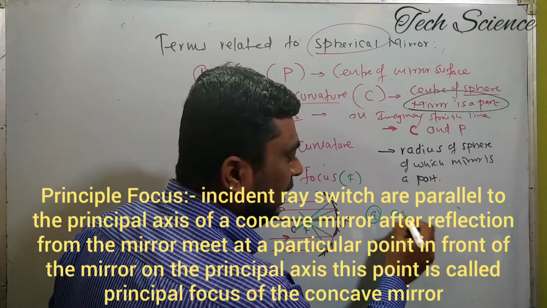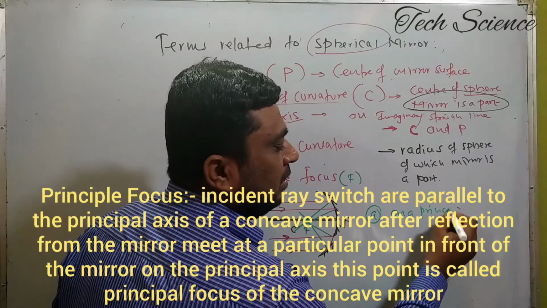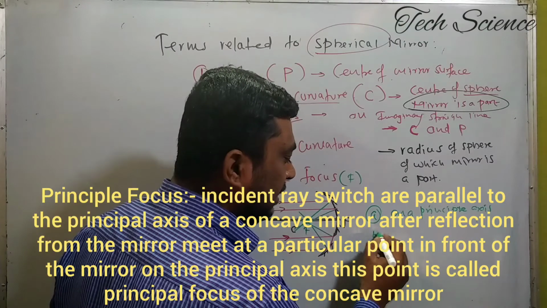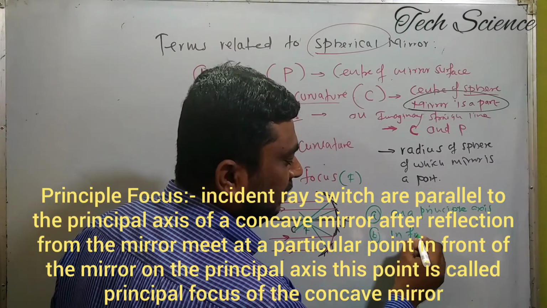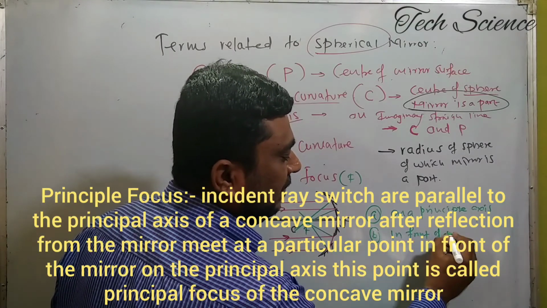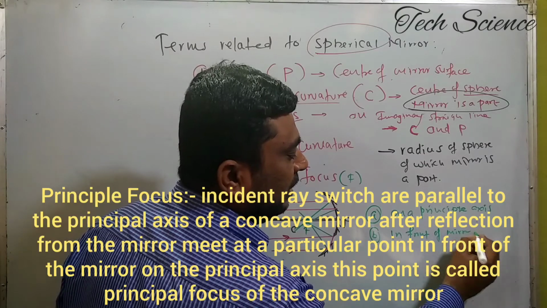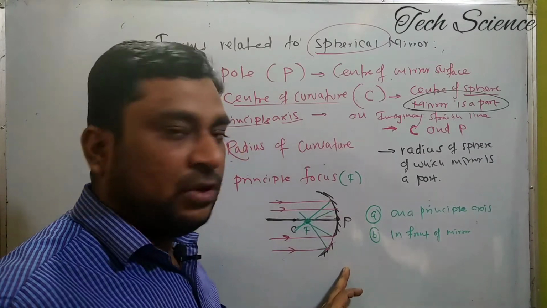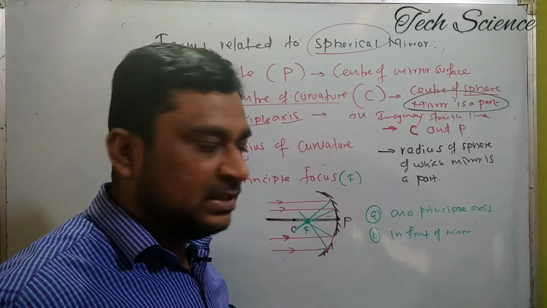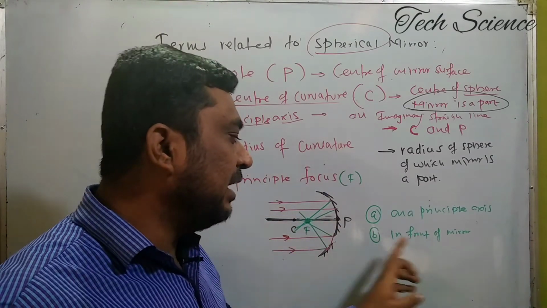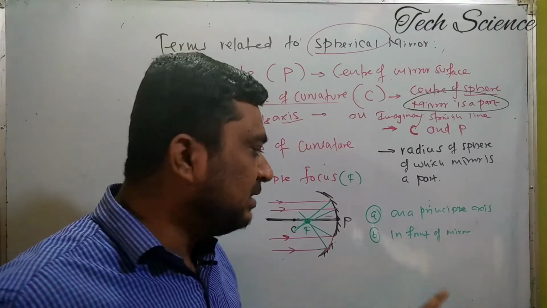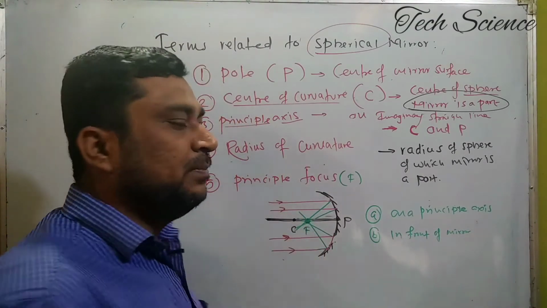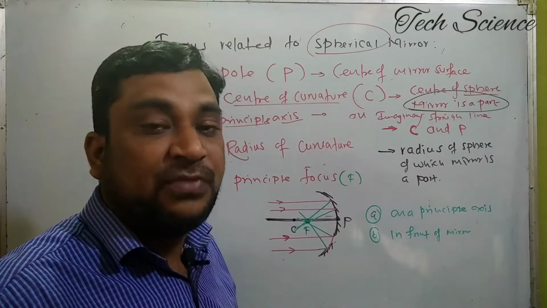First, they meet on the principal axis, and second, in front of the mirror. These are the two conditions. That point is considered the principal focus. Okay, this is the fifth definition.